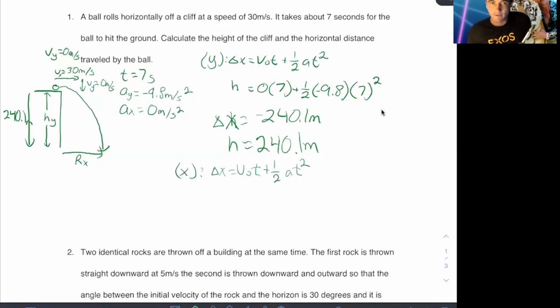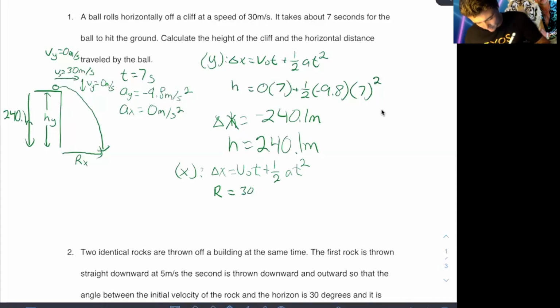Okay. So if you plug in our variables that we have, I'm going to change delta x into r because that's the variable I'm solving for. And then v0 in the x direction, so the initial velocity in the x direction is 30 meters per second, or I'll just write 30.